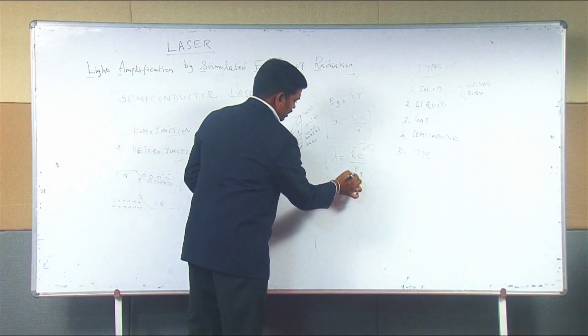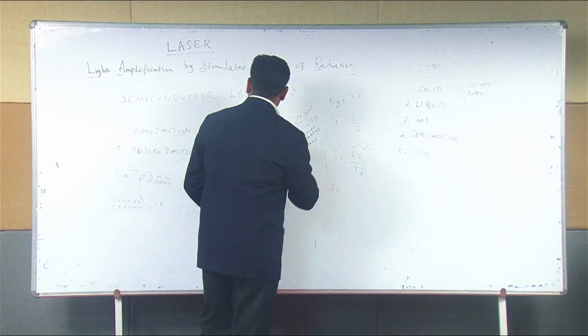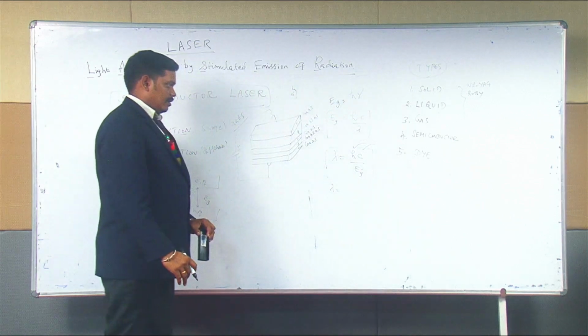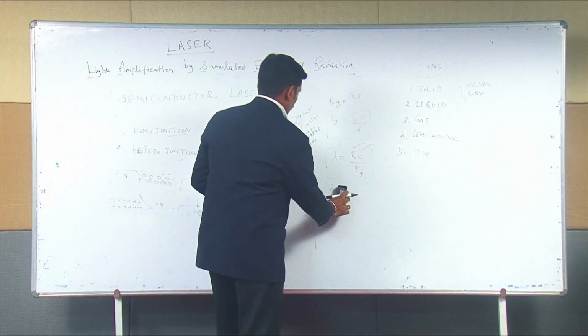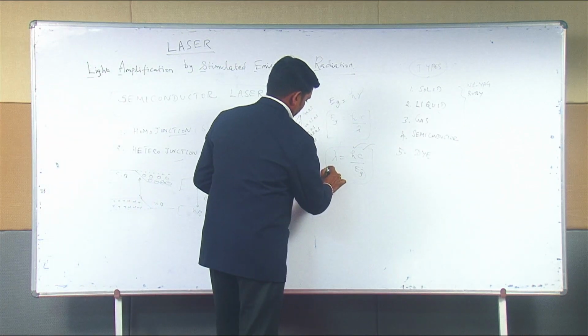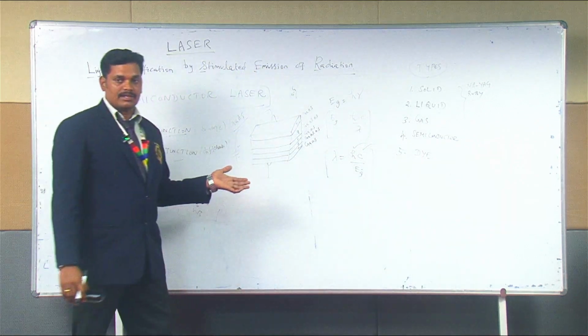So if you know the band gap value, it is very easy to find the wavelength of light emitted by the particular laser. This is how we can determine it.